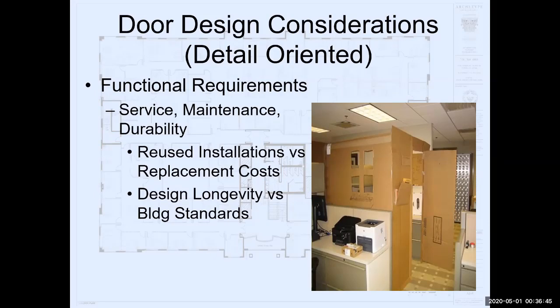The door itself probably runs close to $1,000, might be $700-800. The installation clearly is about $200 or $300 a door. So when you get done, you're looking at $2,500 to $3,000 a door installation. So this is a big part of a budget.